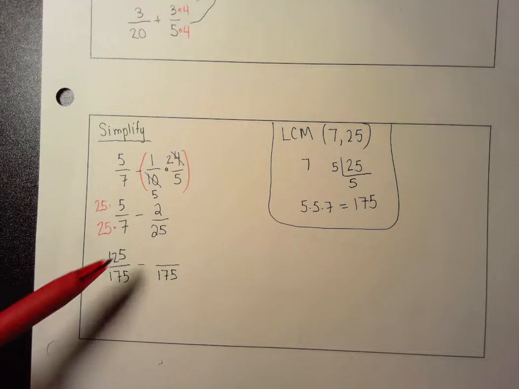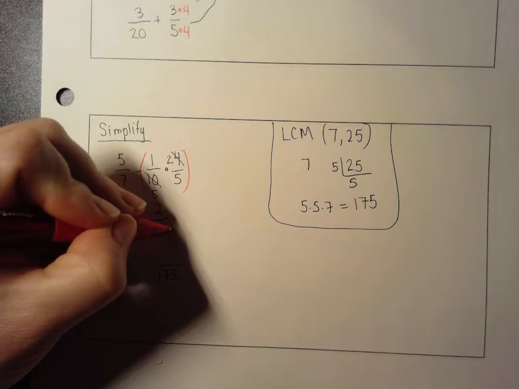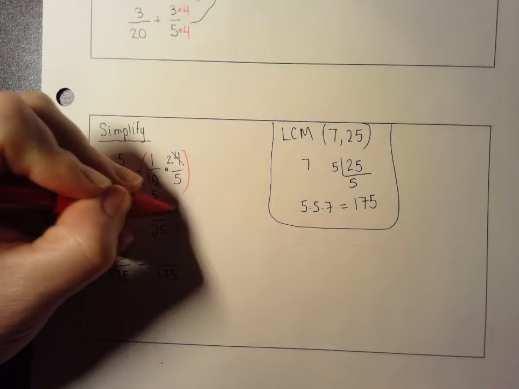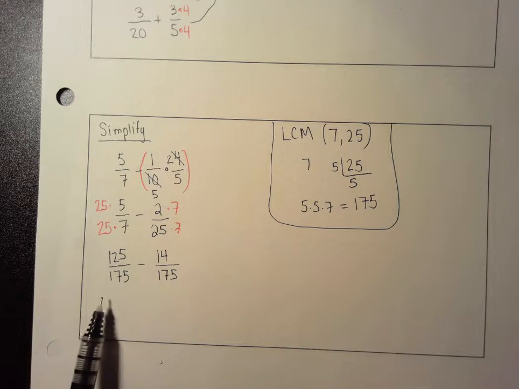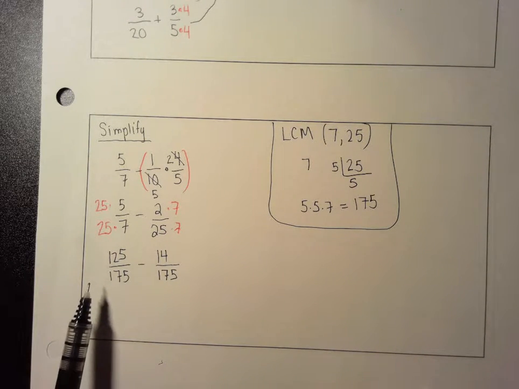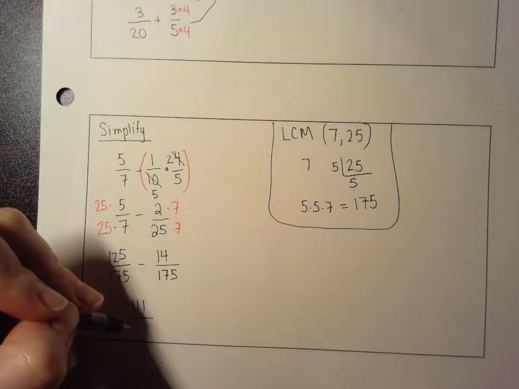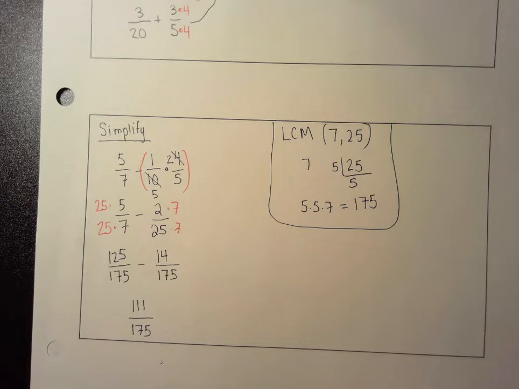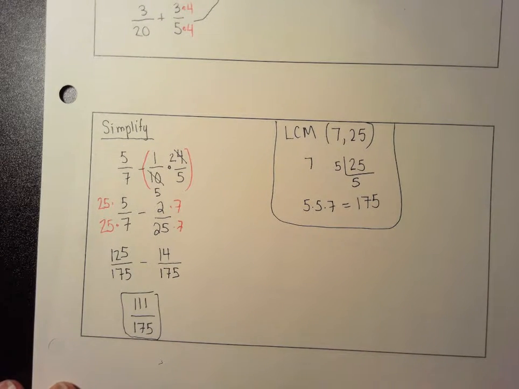And for the other one, what do I have to multiply by 25 to get 175? I have to multiply it by 7, which means I also multiply the top number by 7. 2 times 7 gives me 14. Now that I have a common denominator in equivalent fractions, I can subtract 125 minus 14, which gives me 111 over 175. Now, this cannot be simplified. There are no common factors, so this will be my answer for the second example.